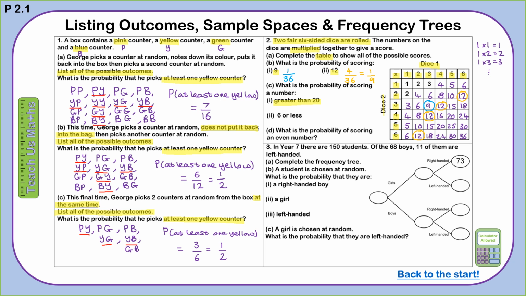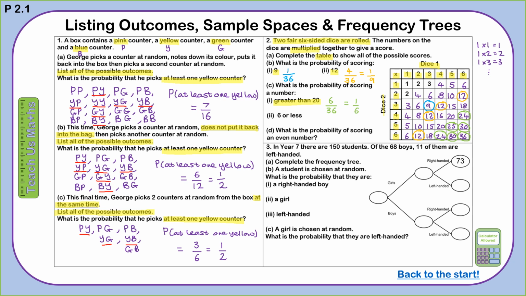The fourth row we've got 1 outcome that's greater than 20, and then we've got 2 in that row, and then 3 in the bottom row. So there are a total of 6 outcomes where the score is greater than 20 out of 36. So the probability of scoring greater than 20 is 1 in 6.